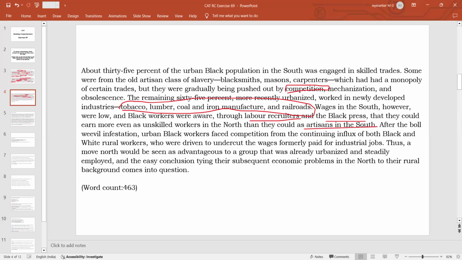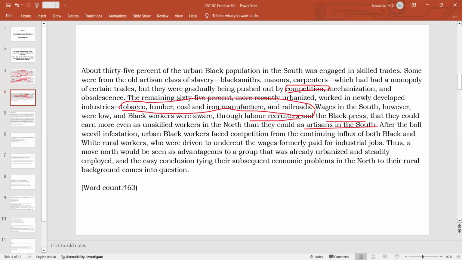Obviously, skilled workers will be getting more pay, but in southern United States, their pay was getting reduced. So they realized that they could get more salary in northern United States, even as an unskilled worker, than they get as a skilled worker in southern United States. This prompted them to move from cities in the southern United States to the northern United States.